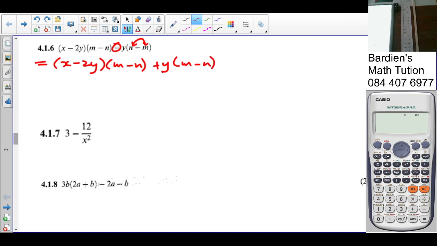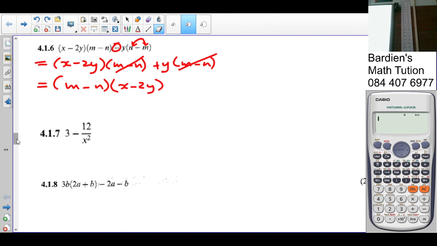Not so? Now what? There is a common factor, m minus n. What are we left with? If we take it out, I'm left with x minus 2y. If I take this out, I'm left with positive y. Not so?